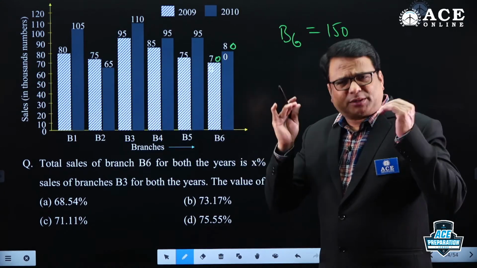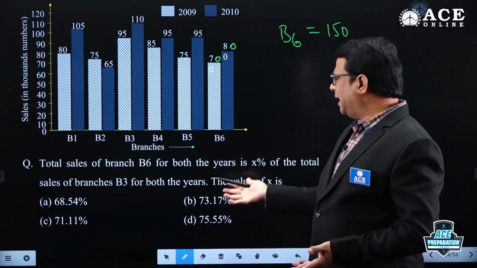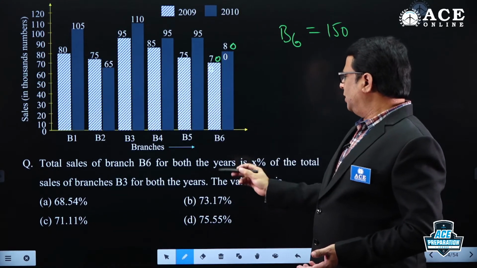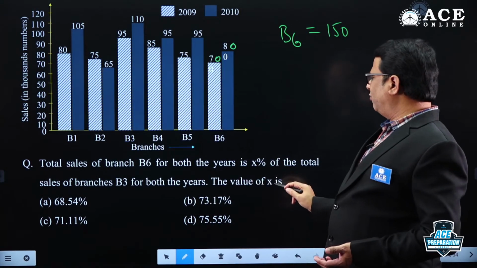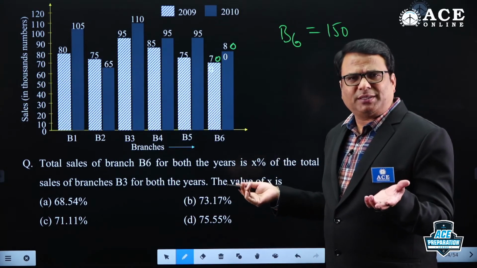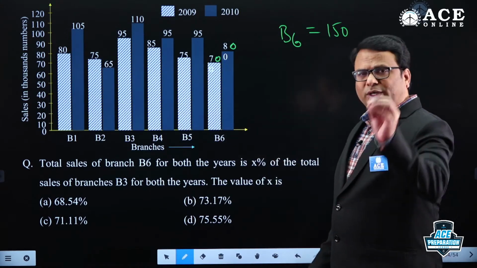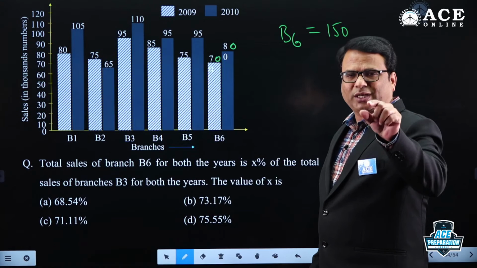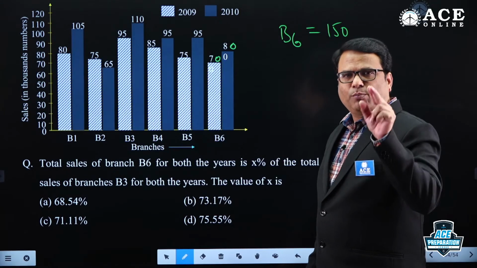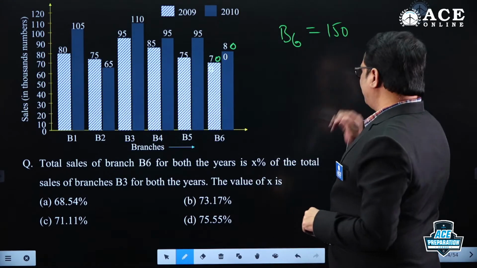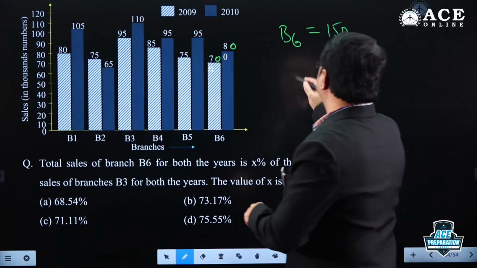150 means 150 thousands. But ultimately the answer is asked in percentage. X is percentage. So what is the value of X? That means you have to give the answer in percentage. So I don't take thousands, I directly take 150. So total sales of B6 for both the years put together is 150. Then next, B3.